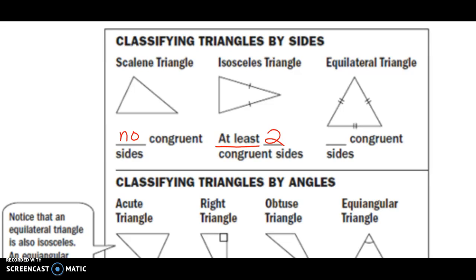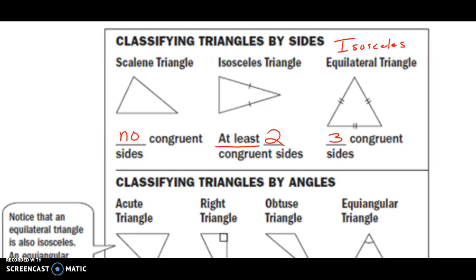So if it has 3 congruent sides, we would call it equilateral. But an equilateral is also isosceles. So you might not have known that from middle school. We would consider an equilateral to be isosceles because it has at least 2 congruent sides.